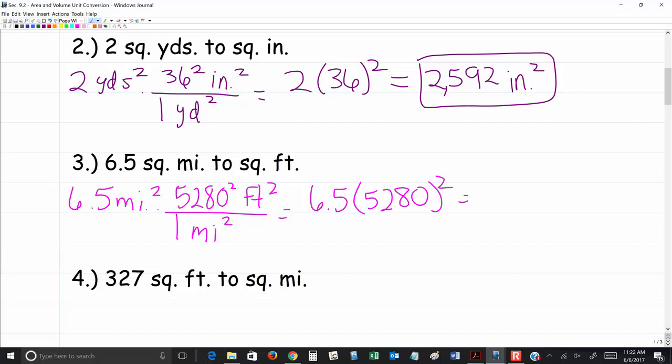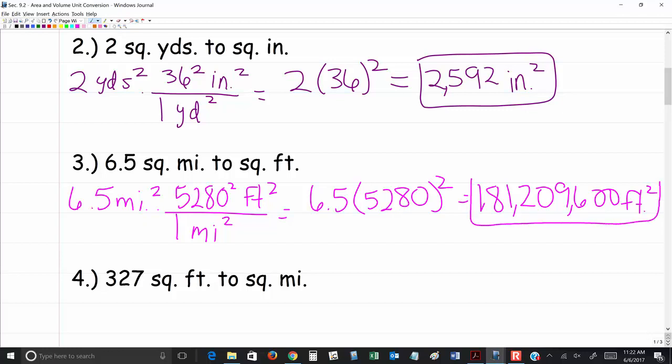Yep, that's a whole lot. Square feet. So 181,209,600 square feet.